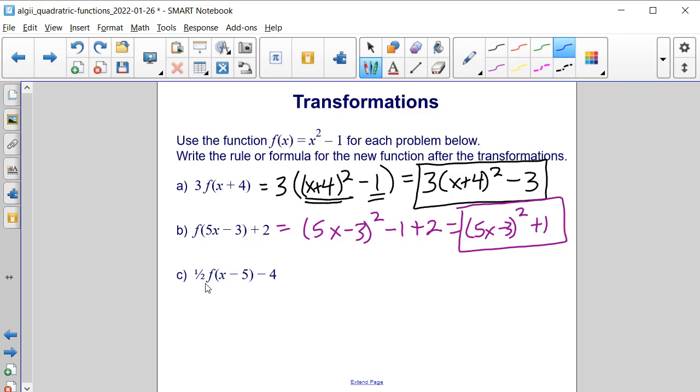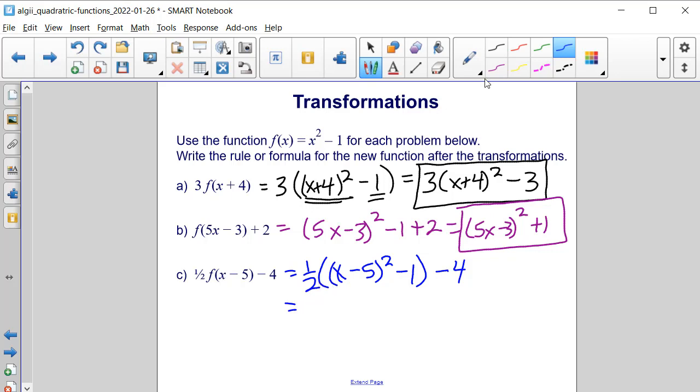Now our last one, we have 1/2 times f of x minus 5, minus 4. So we have 1/2, and we're going to have to multiply our entire function with an x minus 5 in there. So we'll have x minus 5 squared, and then minus 1, and then we have the minus 4 being outside.